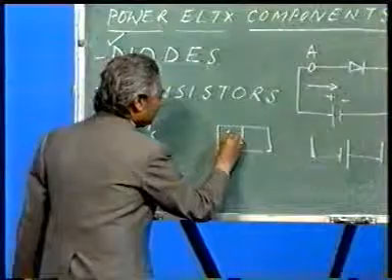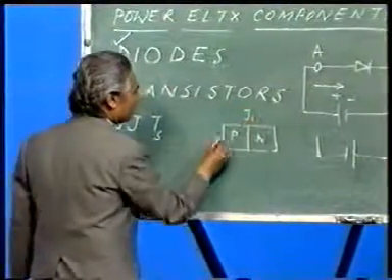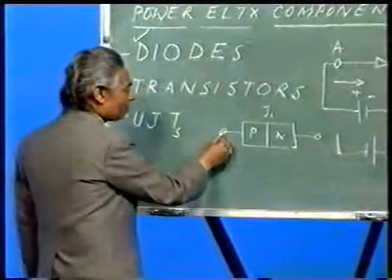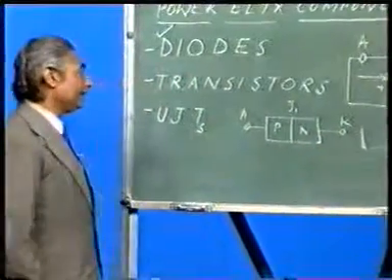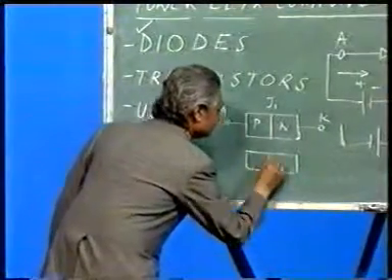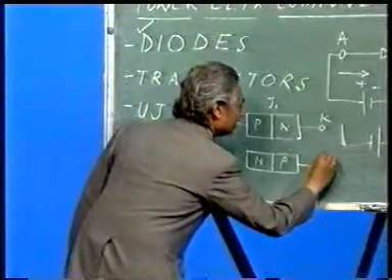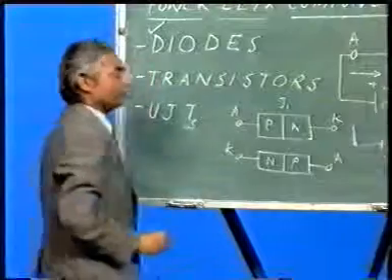If this is the P layer, this is the N layer, there is one junction, say J1, this terminal and this terminal will come out, this is anode and this is cathode. It could be NP also. If I change it like this, this will be anode, this will be cathode.